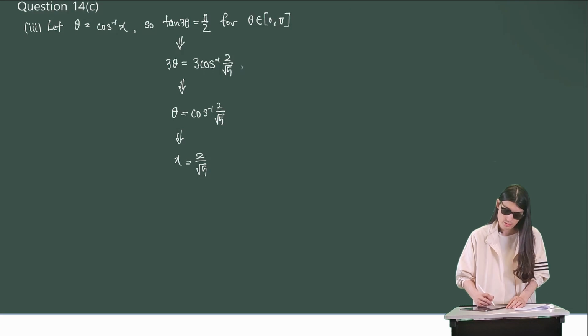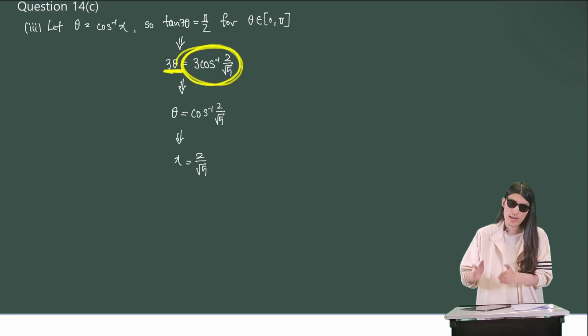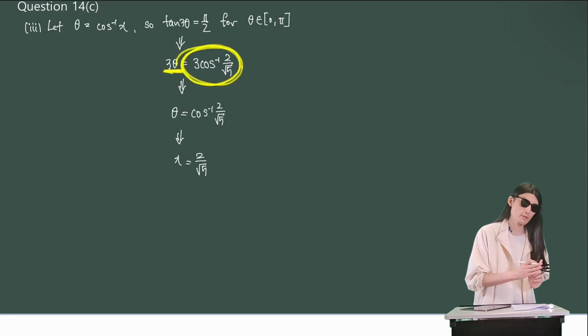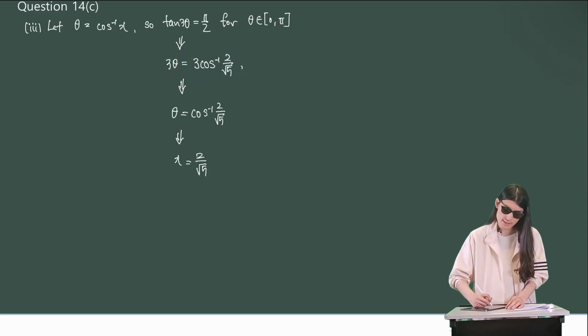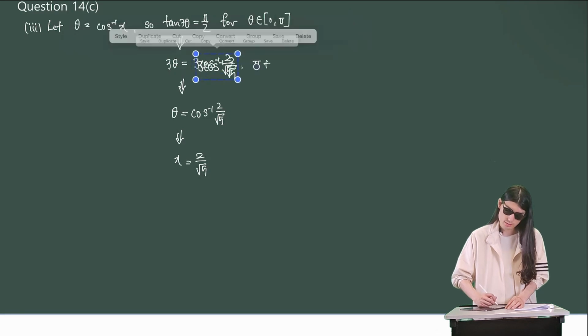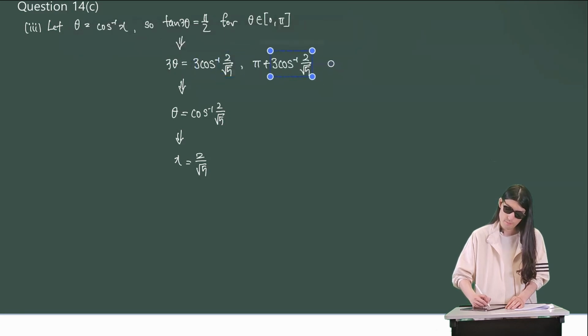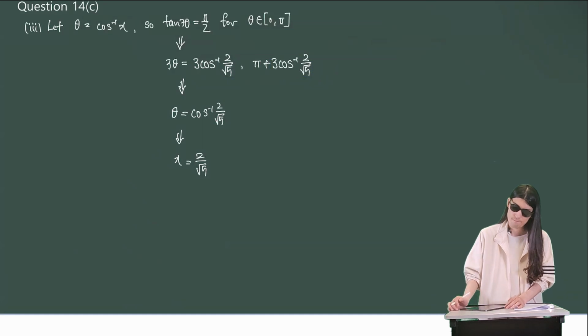If this is a value of 3 theta that makes tan 3 theta equal to 11 on 2, well then so is pi plus that.